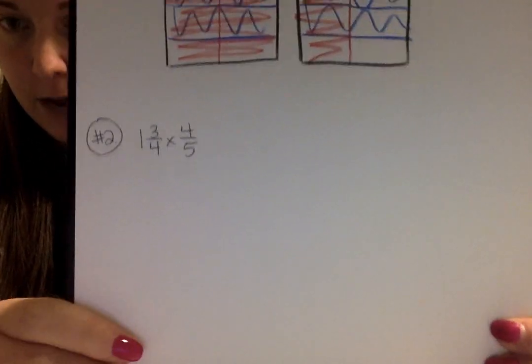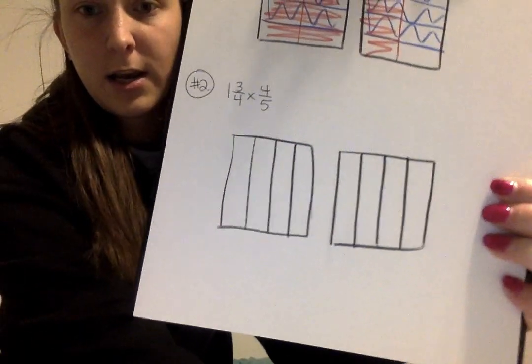My next problem that I have down here is 1 3/4 times 4/5. So again, same thing. I have to draw 2 rectangles. This time I have to break them up into fourths. And I've got to shade in 1 3/4. So I'm going to shade in this whole rectangle.